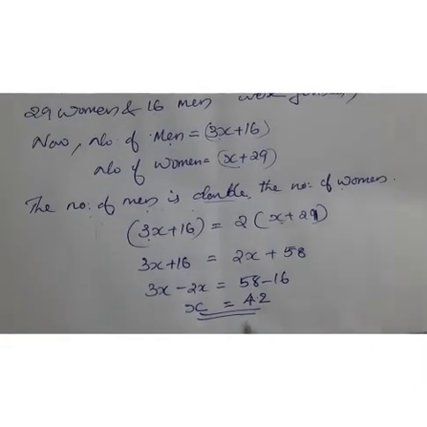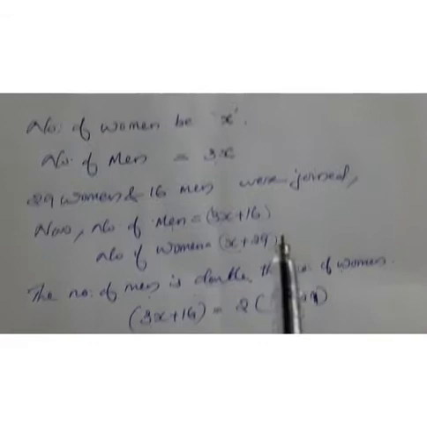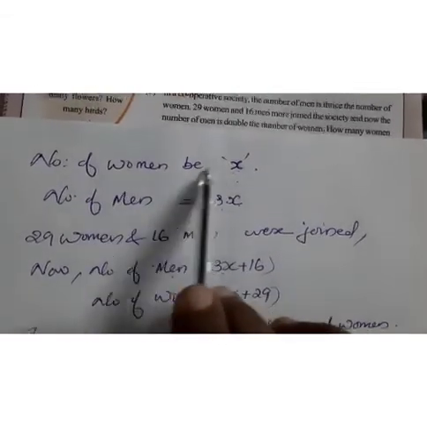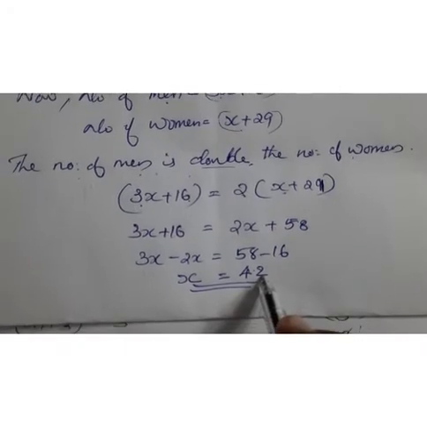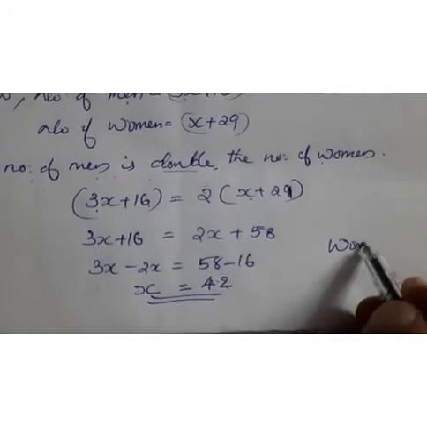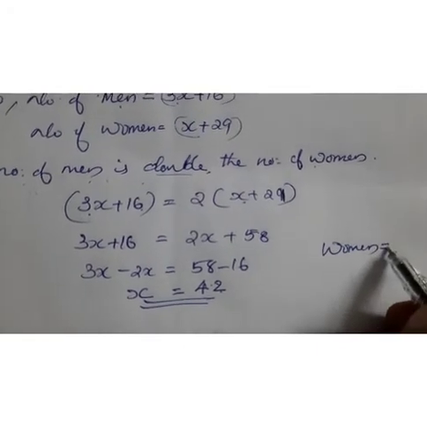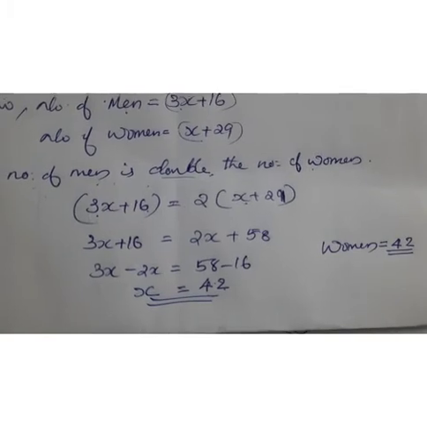So the number of women at first, no? The women be x. So the value of x you got as 42. So the answer you can write, the number of women in the society at first is equal to 42.